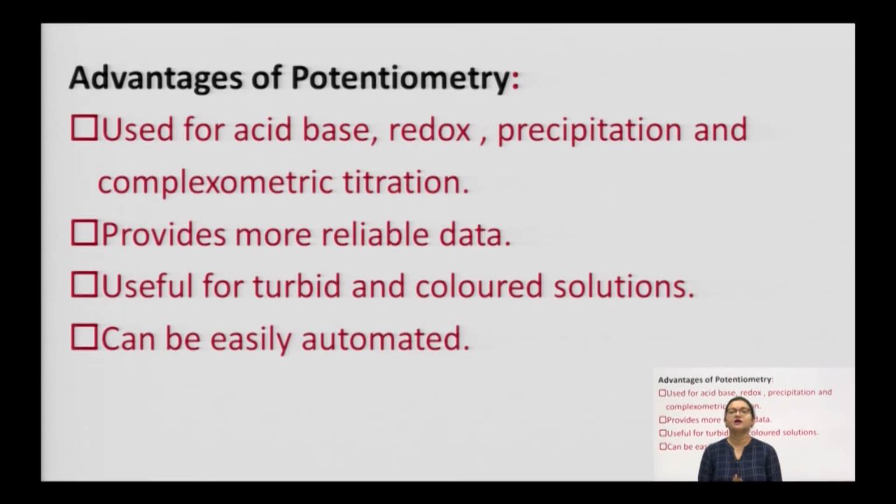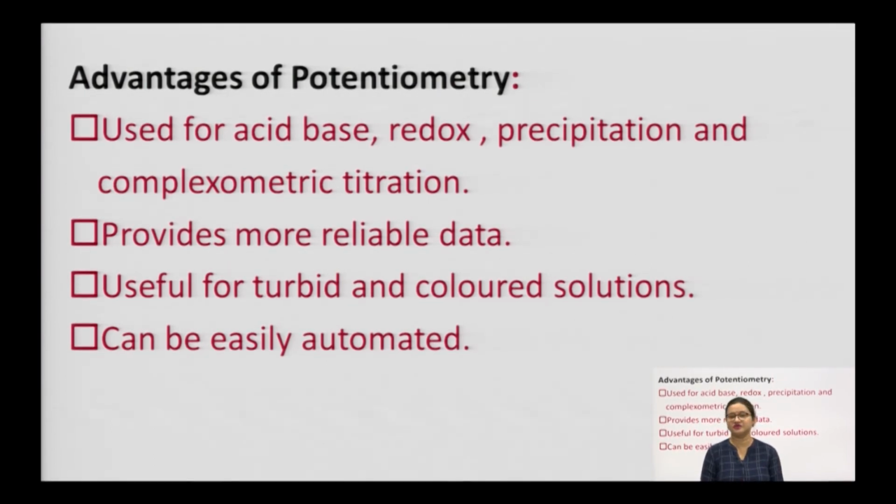So, potentiometry relieves all types of titration from that sort of indicator or chemical error. It provides more reliable data because the end point is easily determined with the help of potential difference or voltage difference across the titration as the analyte concentration changes.